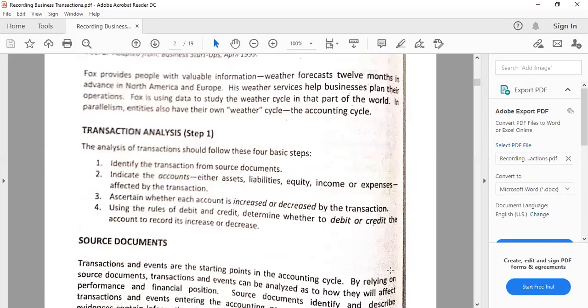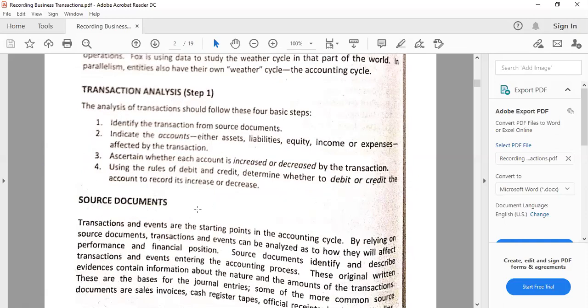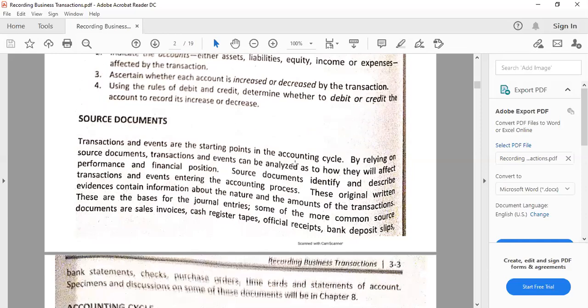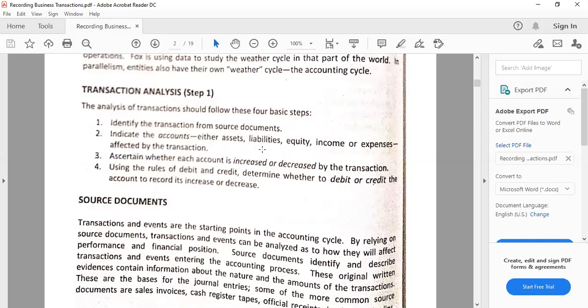Anyhow, transaction analysis was discussed in the previous chapter, and this is composed of four basic steps. One is to identify the transactions from source documents. Examples of such would be official receipts. The official receipts would show us the amount that we have collected if we are on the part of the seller, or the amount that we have paid.